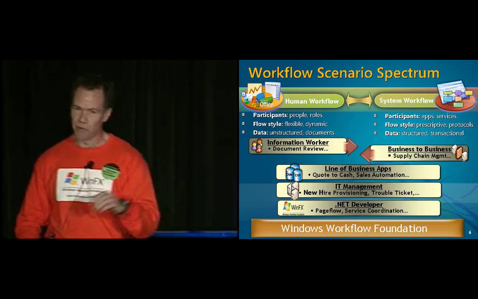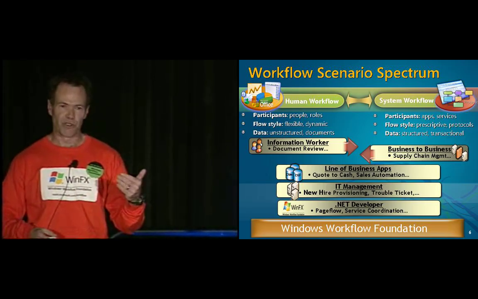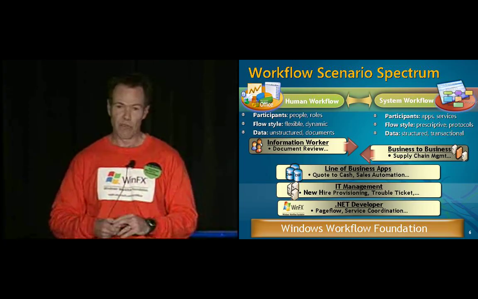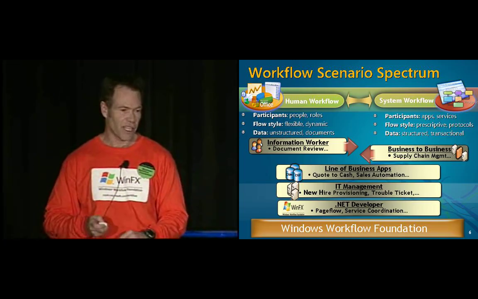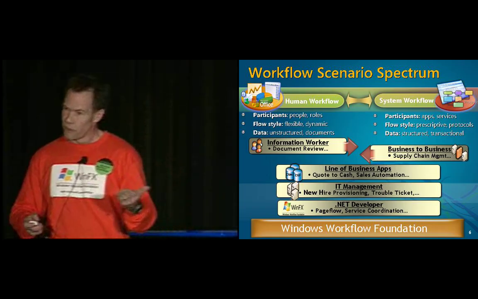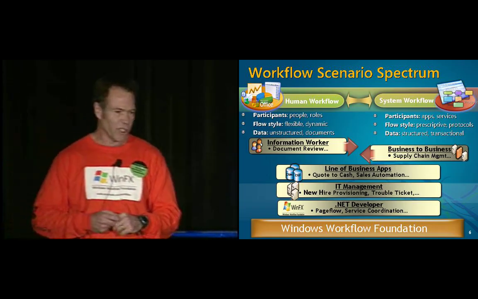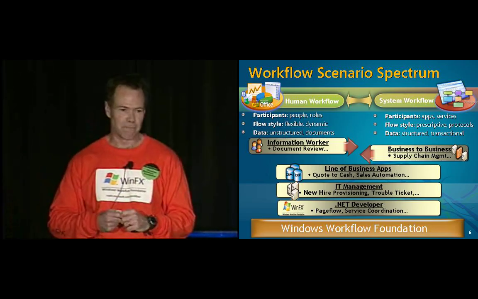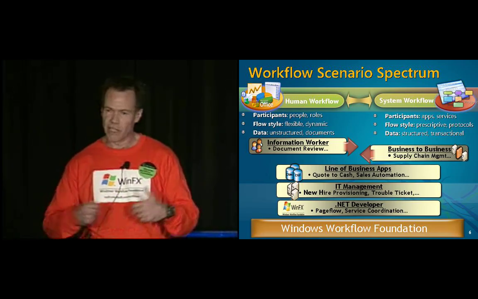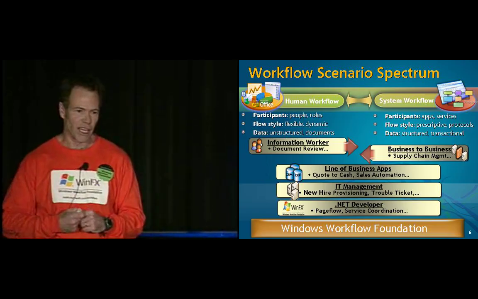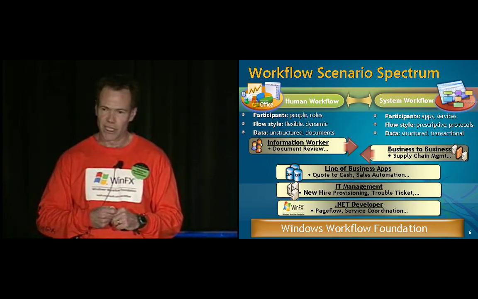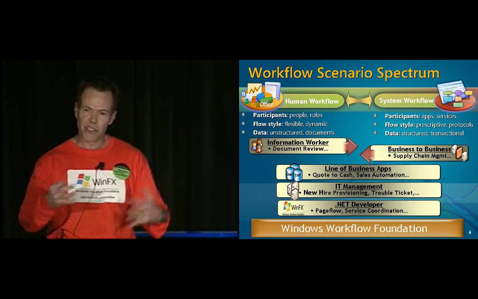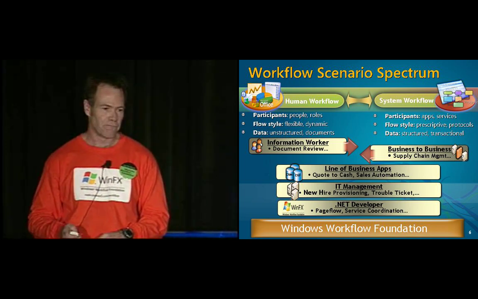Let me give you some examples of types of solutions. Again, these are just examples, but types of solutions that we have within Microsoft, but also you folks have as well. We heard about Office this morning, information worker. This is very document-oriented scenarios in Office: routing documents between users, approval, escalation, really leveraging the core concepts that people are already familiar with in Office, but stringing those together in workflows.